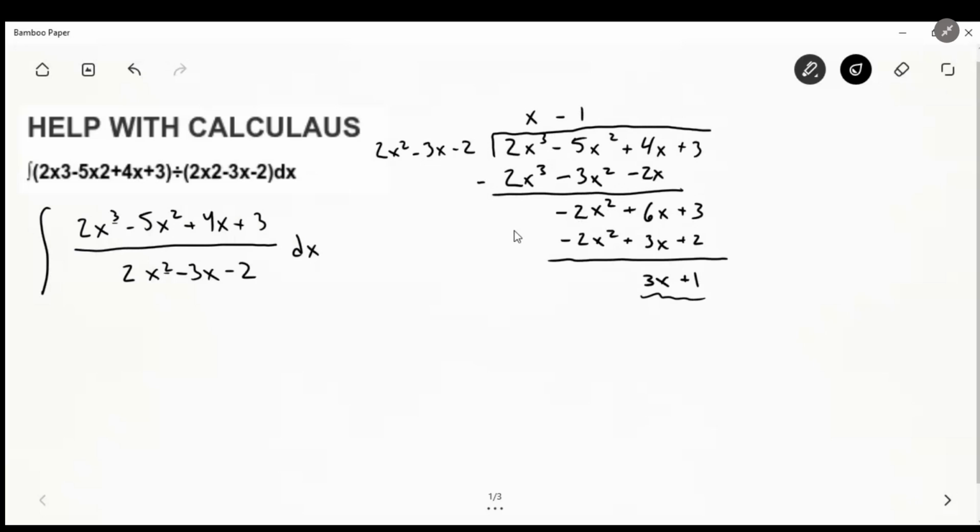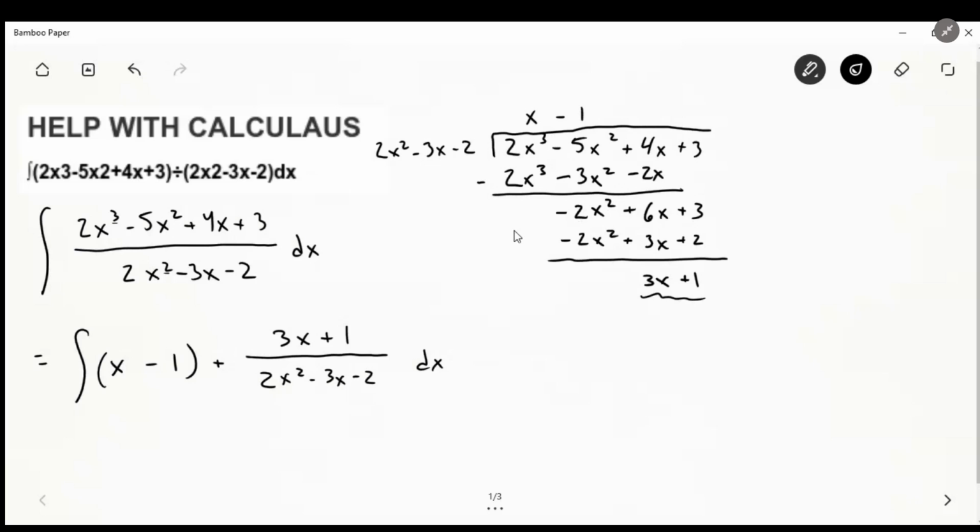So basically, we can rewrite this integral just to keep you up on what we've done here. We're left with x minus 1 plus our remainder, which is 3x plus 1, over the same denominator, and all of that is getting integrated.